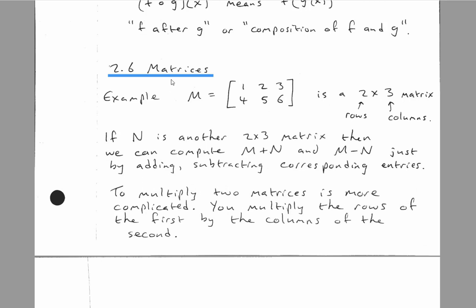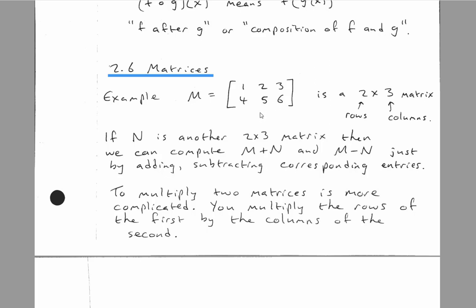In chapter 2, we looked at matrices. A matrix can be different sizes, but they're just rectangles with rows and columns of numbers. This matrix has 2 rows and 3 columns, so it's called a 2 by 3 matrix. But they could be any size.